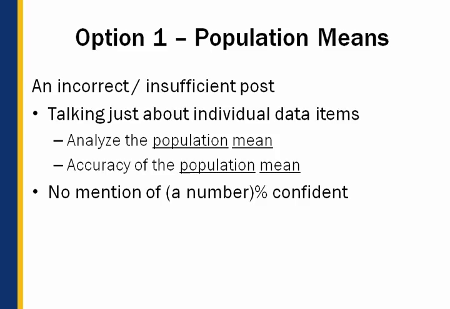The first option is for you to talk about population means. Like the other DB videos, here are some aspects that are not sufficient. Some students confuse the population mean with individual data items. You need to analyze the mean.